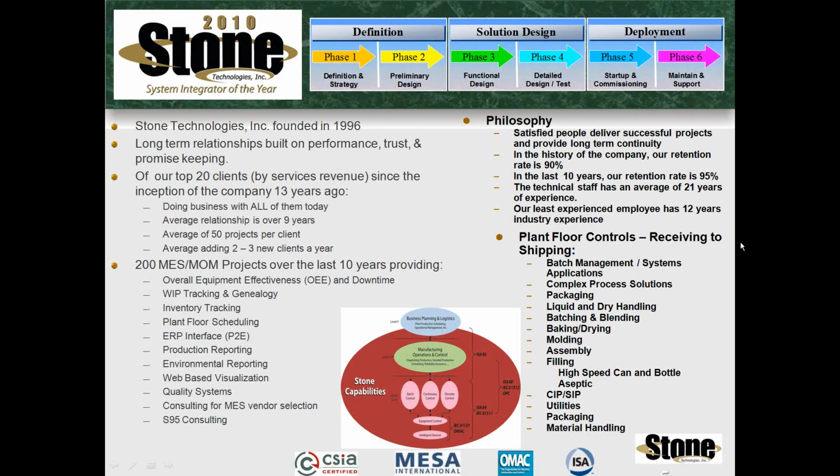The other thing is our organization's focused. We have a lot of veterans in the organization. We do not hire new grads or anything like that. Our average tenure is about 21 years. And also, part of an OEE system, you have to have the data collection from the plant floor, from the PLCs, the CNCs, and all the operations on the plant floor. We do that as well as pull that data into the system and then present it in an OEE package.